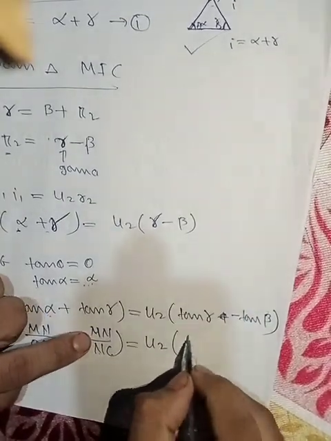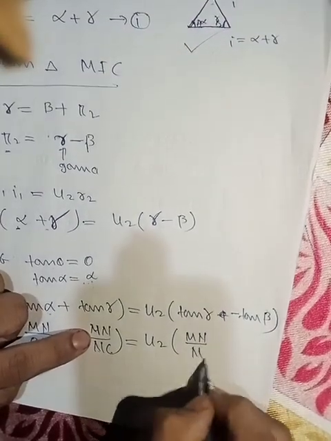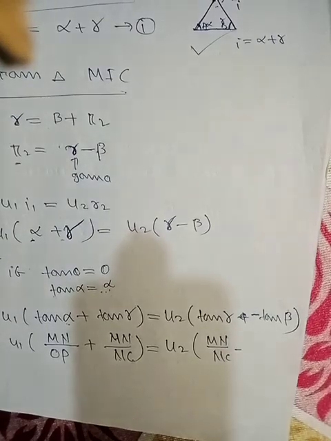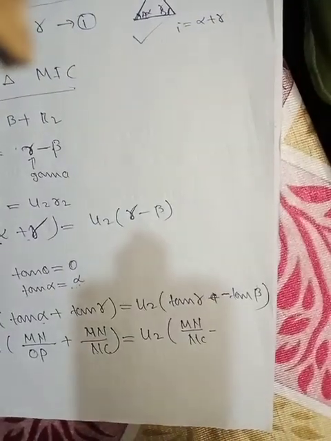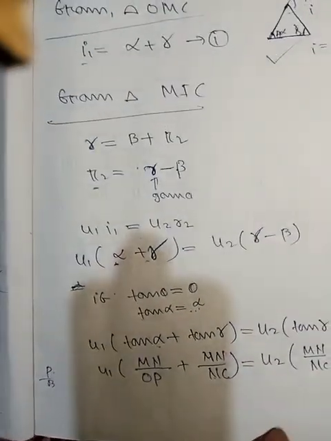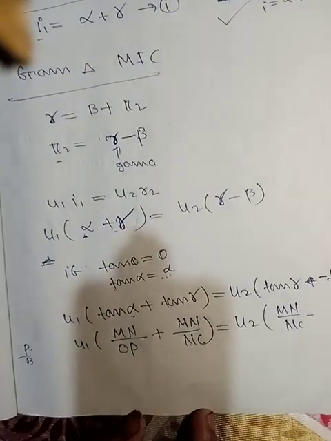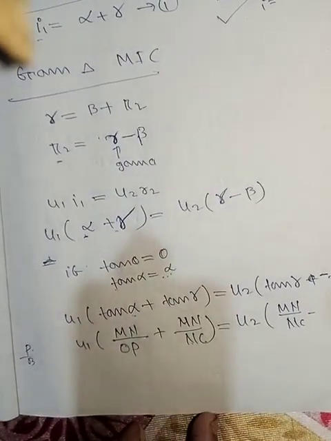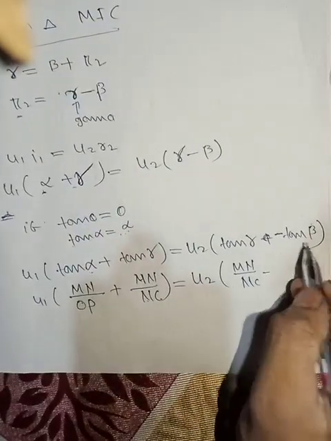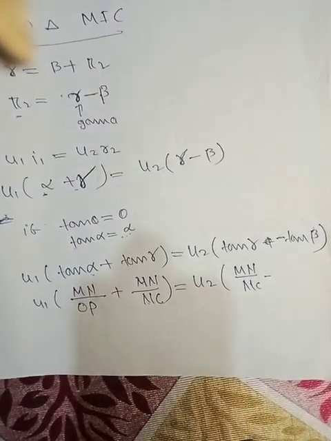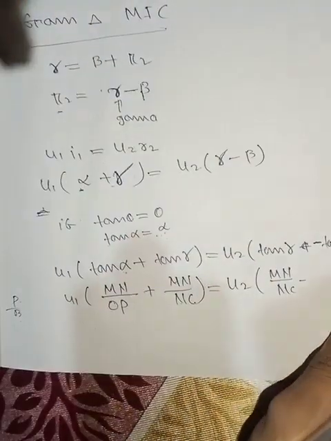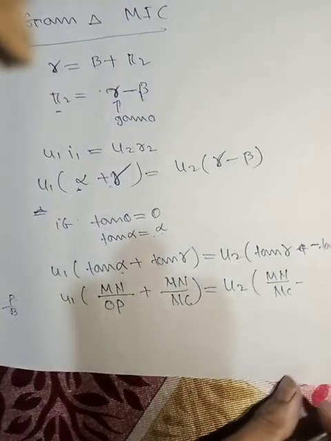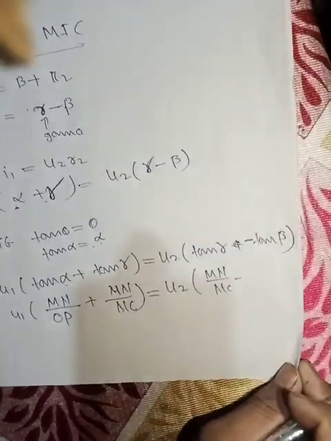Similarly, you can put the value: NC minus tan gamma. So what is the value of tan gamma?